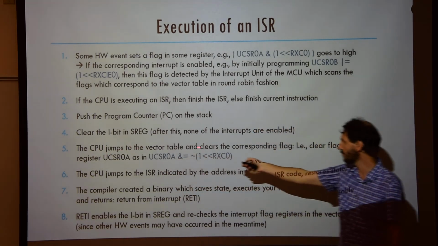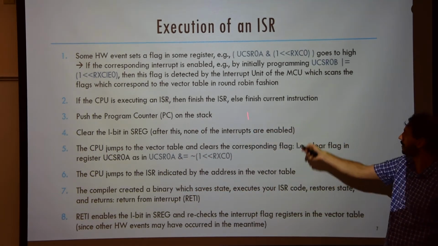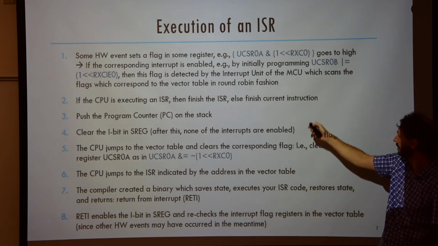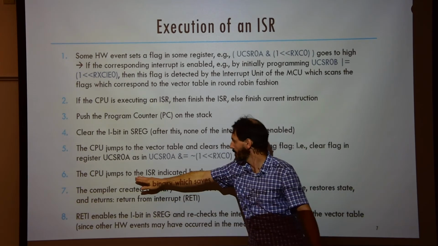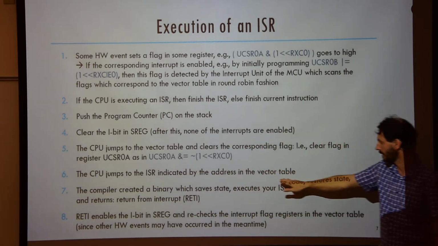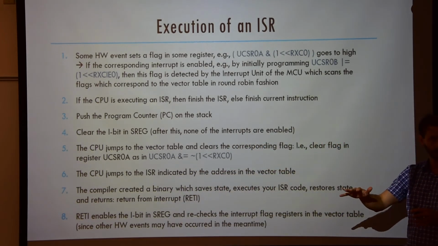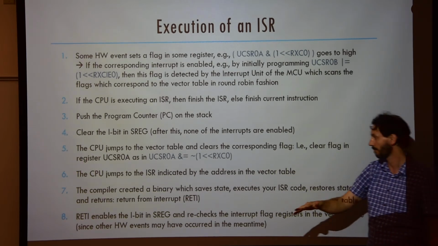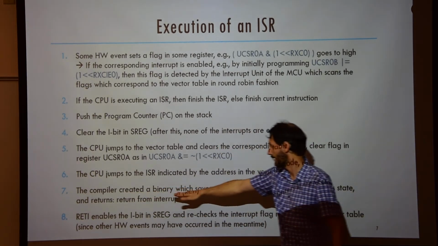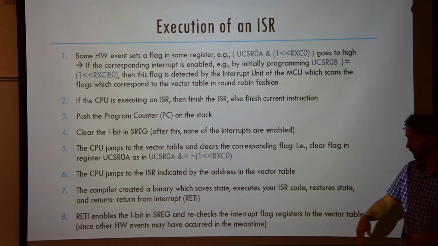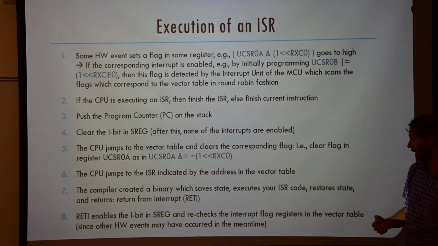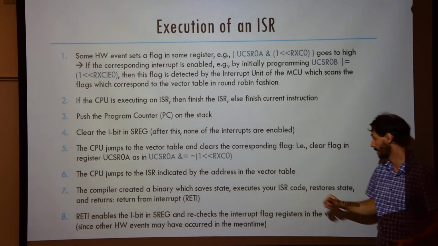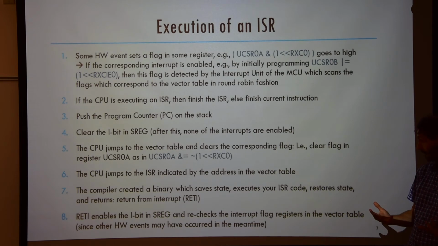The CPU jumps to the vector table, clears the corresponding flag, this one, and this particular one. Then it jumps to the ISR indicated by the address in the vector table, like 0xabcd in our example. And then the compiler had created a binary which saves the state of your registers, the 32 registers, and now executes the ISR code that you have written for it.